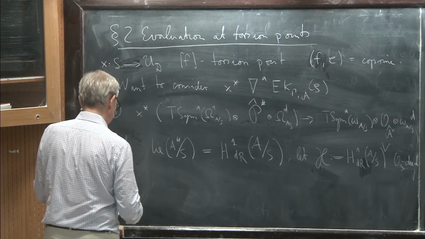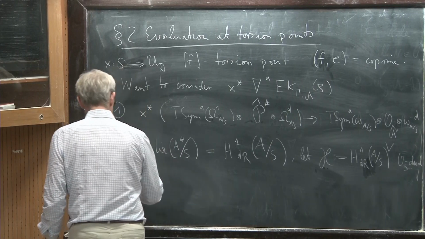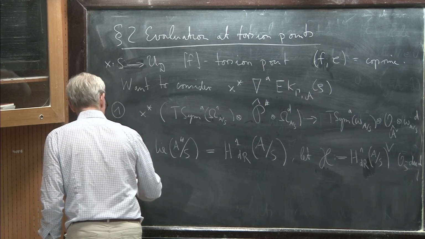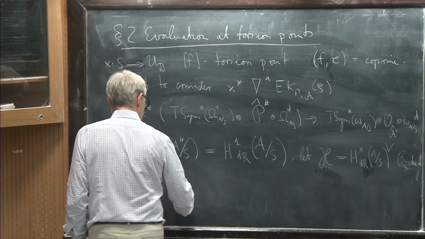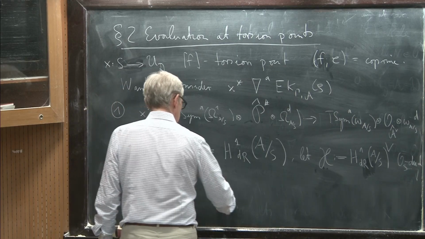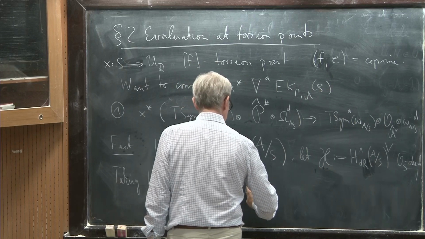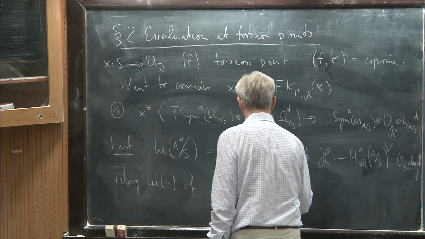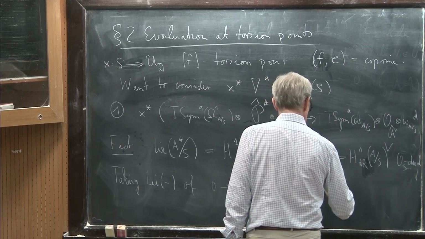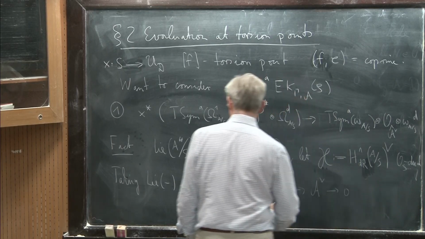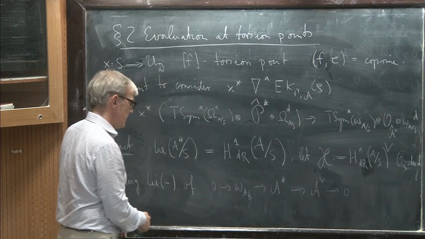And taking the Lie algebras of the extension, the universal vector extension, this is a sequence of group schemes. So we can take the Lie algebras and we get an exact sequence here.